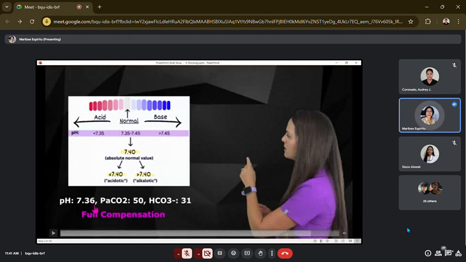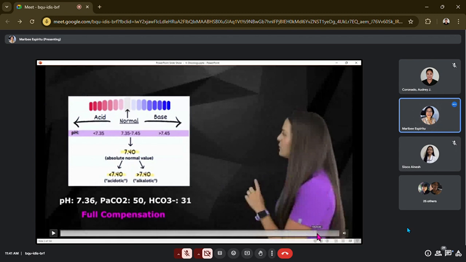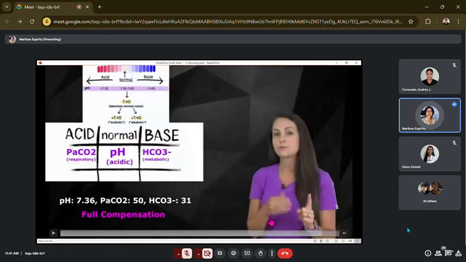So, ano yung pH natin? 7.36. So, that is before or less than 7.4. Meaning, mas gearing toward acidosis siya. So, the pH is actually yung 7.36 less than 7.4 is acidic.